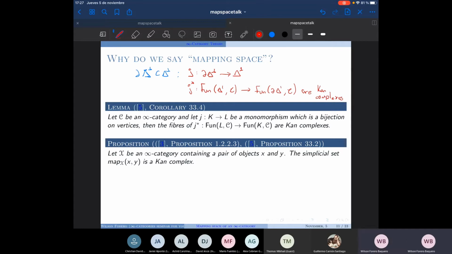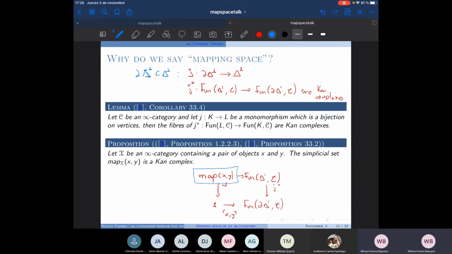Well, we only have to take an object in this category; we can take a pair, and a map from delta 1 to C. So when we take the pullback, we have that the pullback is a Kan complex, applying the lemma.